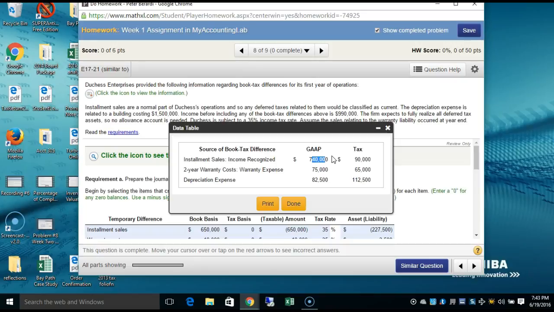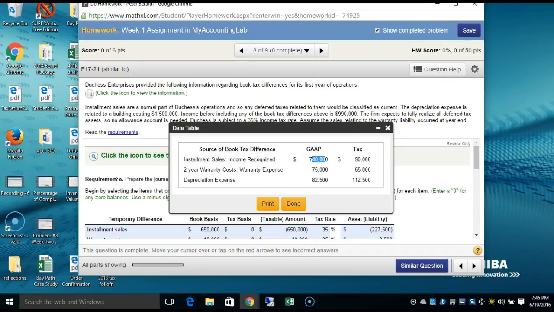If we're deducting $75,000 in GAAP but only $65,000 in tax, from a tax standpoint, we're going to show more income because the expense is lower under tax than GAAP. So if we are deducting less expense on our tax return, we're going to show more income.